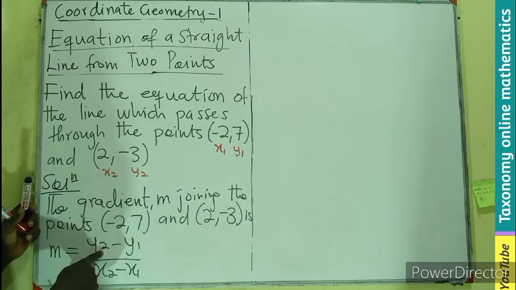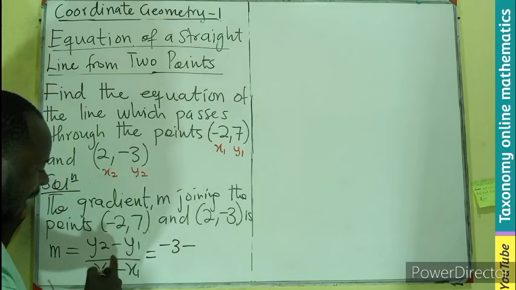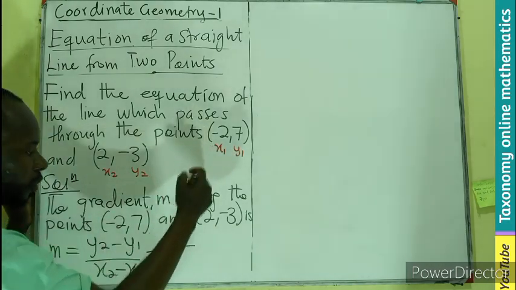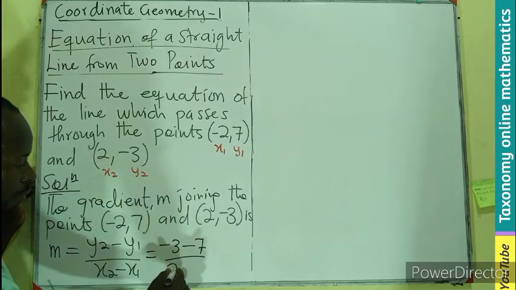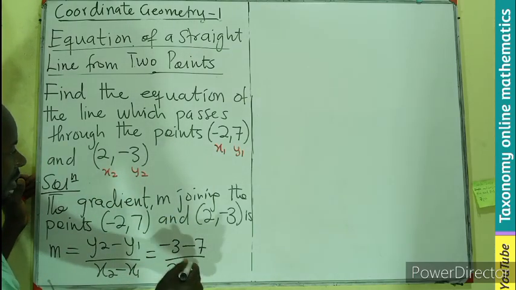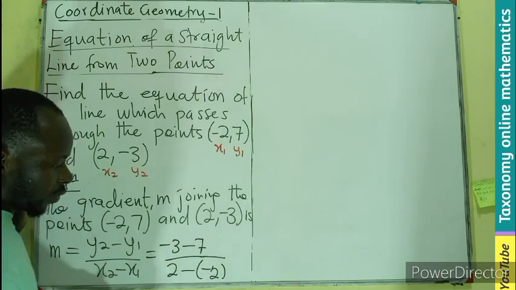So in place of y2, we use -3 minus y1 with value 7, divided by x2 which will be 2 minus x1, minus 2.